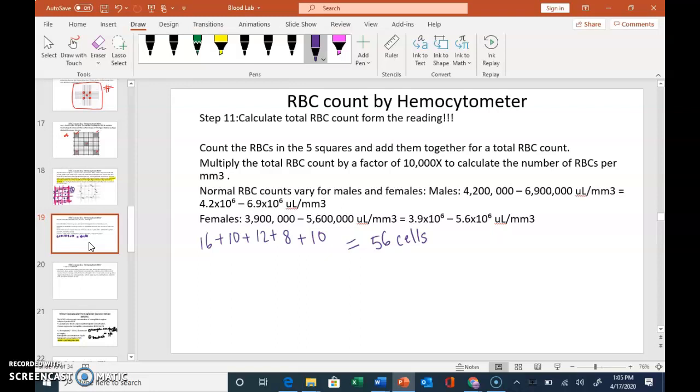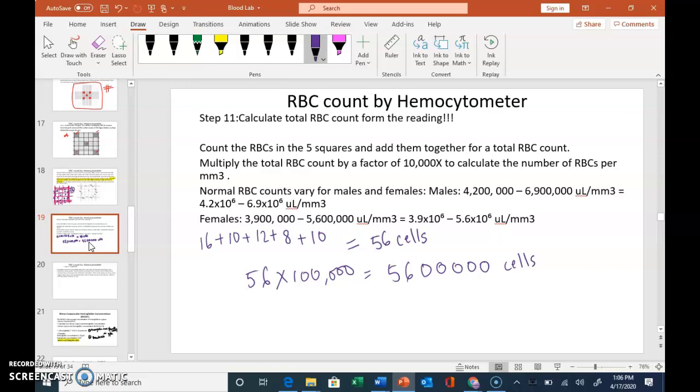Now, how do you determine the number of cells per cubic millimeter of blood? This is what we do. You take the 56 that you counted in all 5 boxes, and you multiply this by 100,000. So what number do you get? 56, followed by these many zeros. Now, how do you express this?